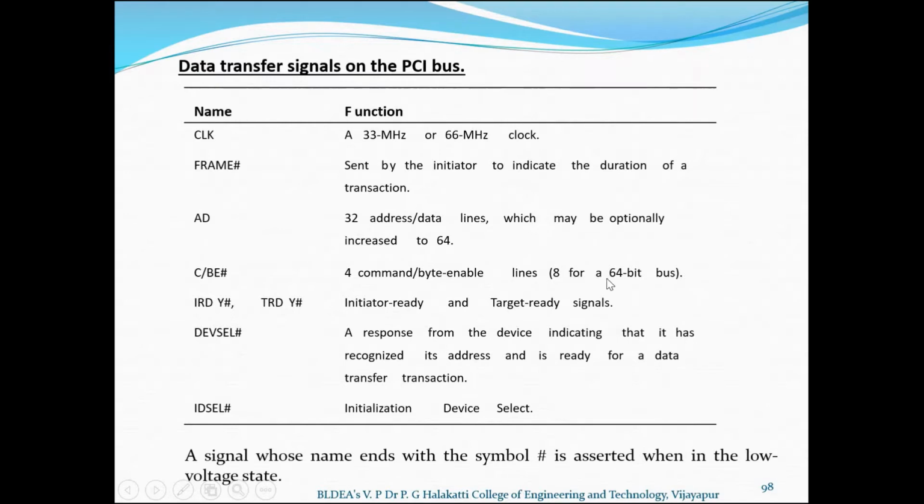It can be 8 for a 64-bit bus. Then IRDY# and TRDY# indicate initiator ready and target ready signals. DEVSEL# is a response from the device indicating that it has recognized its address and is ready for a data transfer transaction.